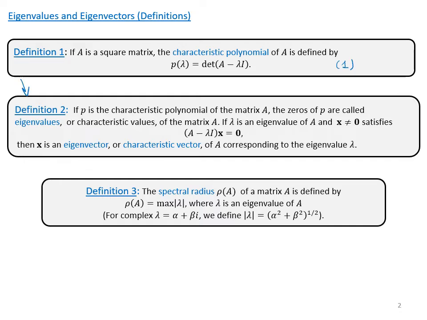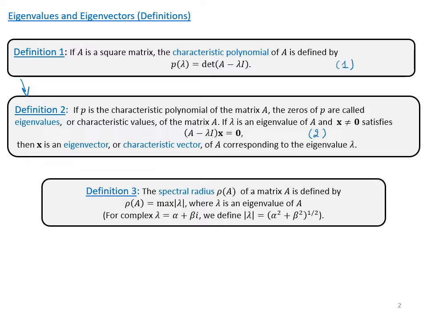If P is the characteristic polynomial of a matrix A, the zeros of P are called eigenvalues or characteristic values of matrix A. If lambda is an eigenvalue of A and a non-zero vector x satisfies equality 2, then x is an eigenvector or characteristic vector of matrix A corresponding to the eigenvalue lambda.